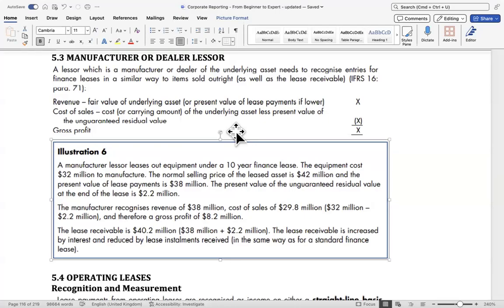Since he's a manufacturer lessor, and ordinarily he sells assets, that's what he does. So just recognize gross profits. It's just like a dummy sale. Recognize gross profits on that same asset, because if you had sold it, you would still have recognized a gross profit in your books.